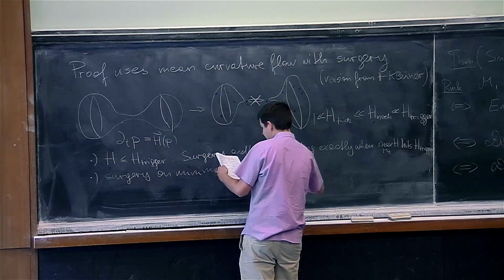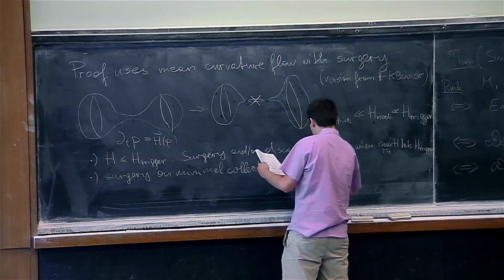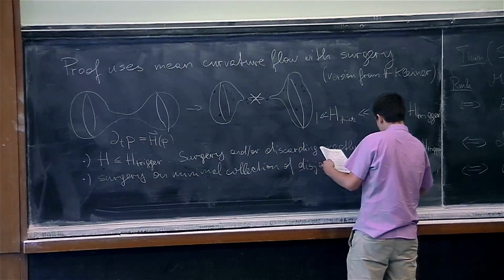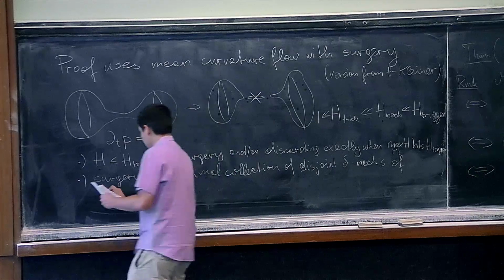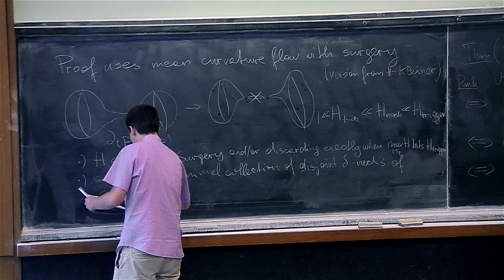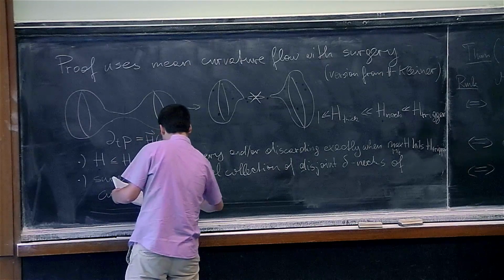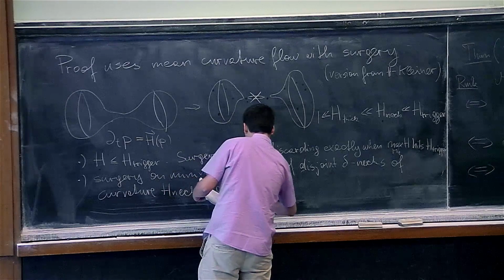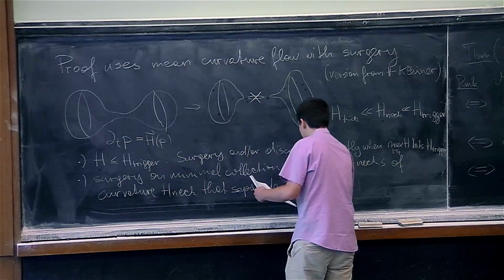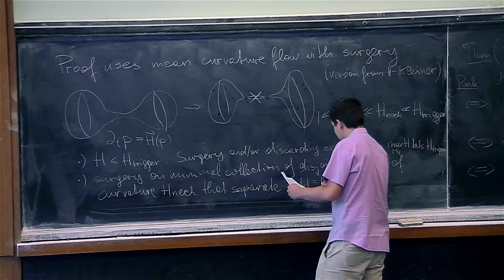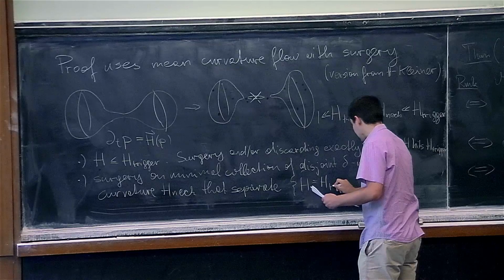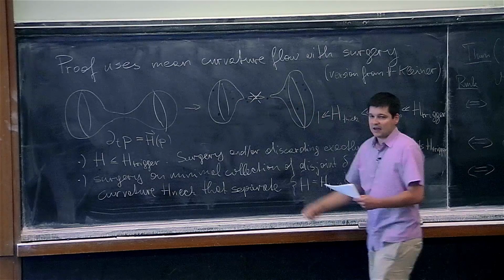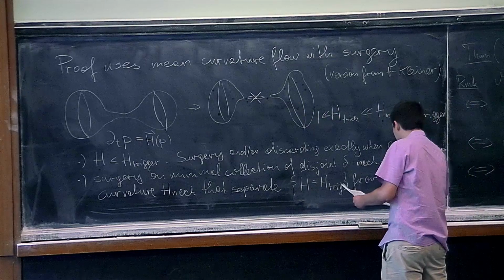Minimal collection of disjoint delta necks of curvature H neck that separate the thin part, meaning where H is maximal, from the thick part where H is less than or equal to this H thick.